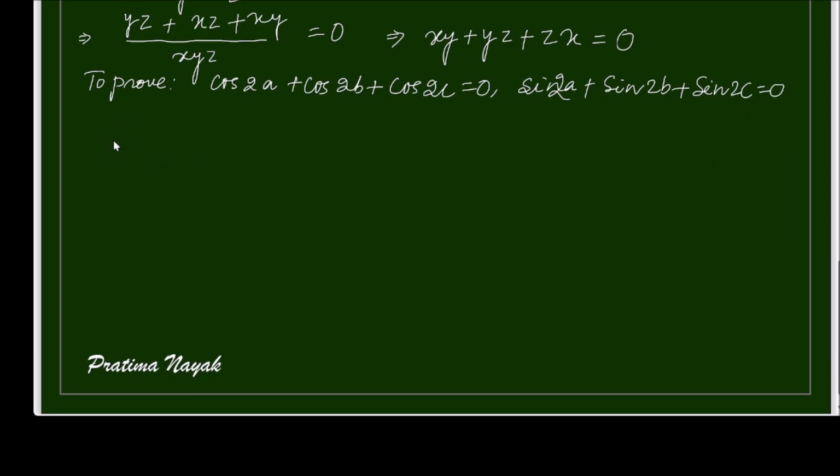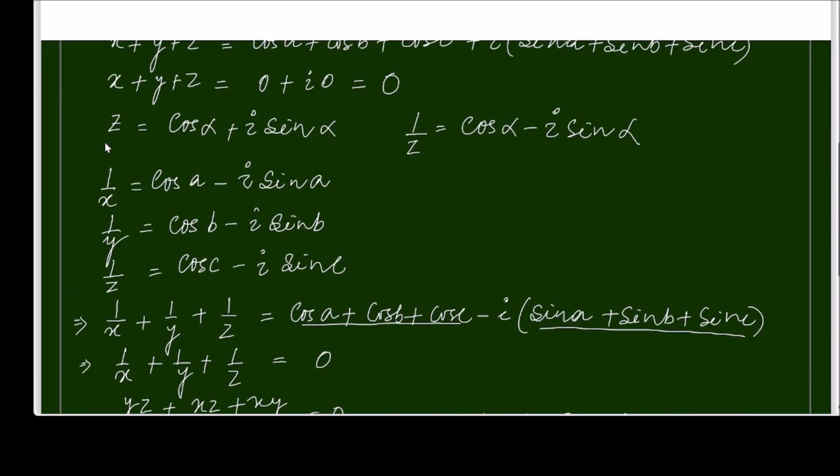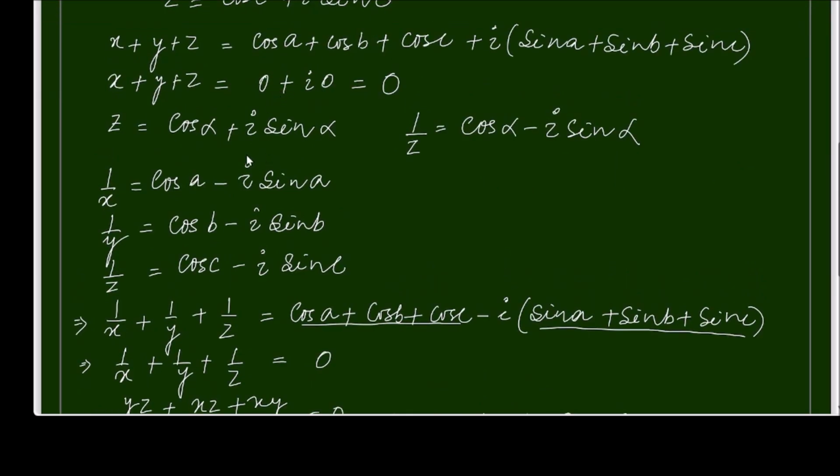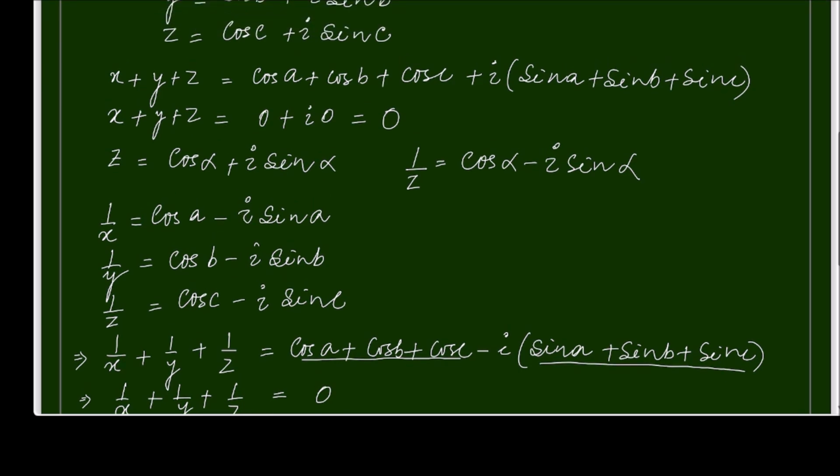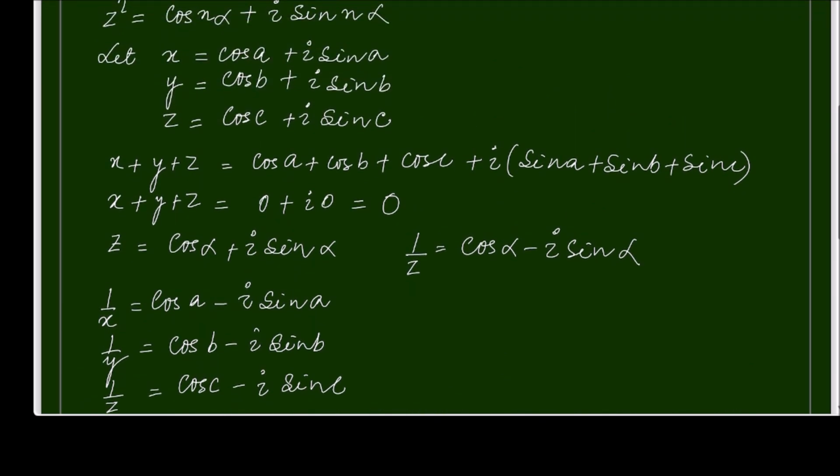So next I am taking the help of x square. What will be x square? If x is cos A plus i sin A, here I'll write again. So x is equal to this.